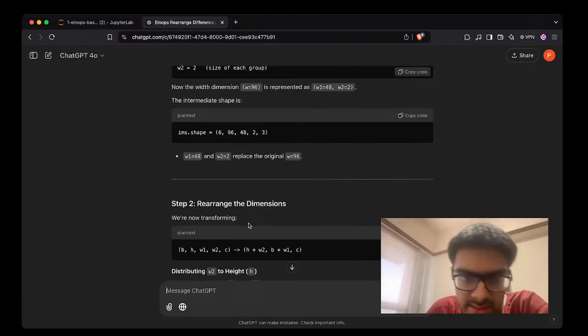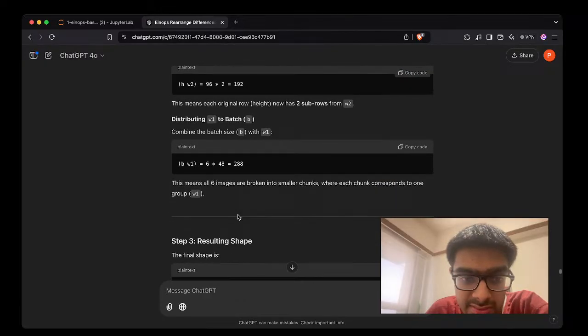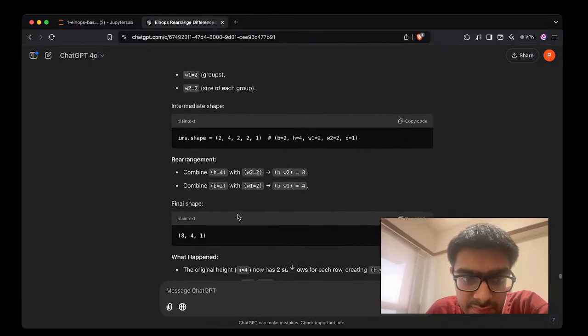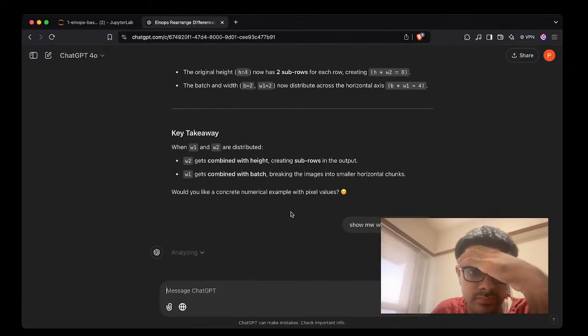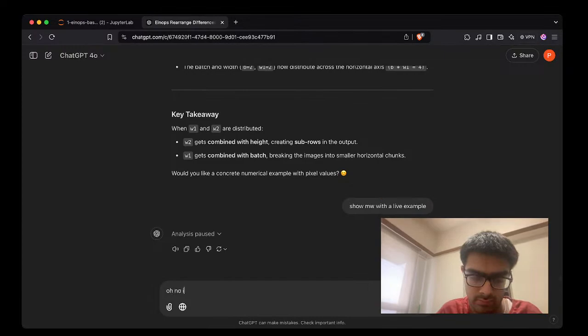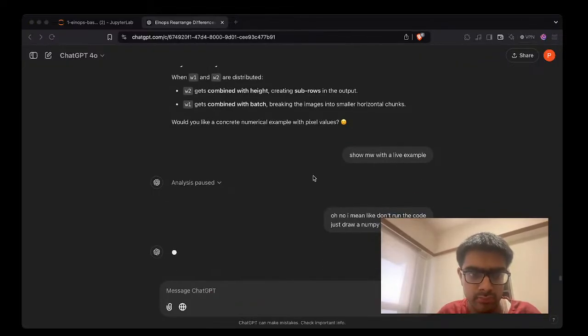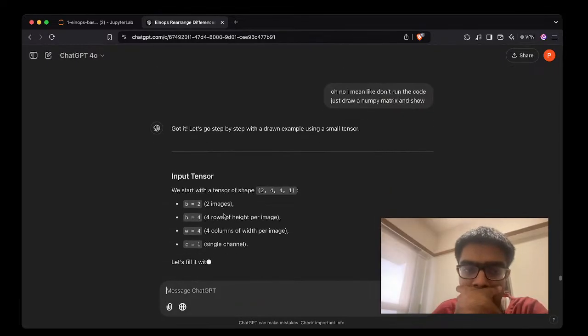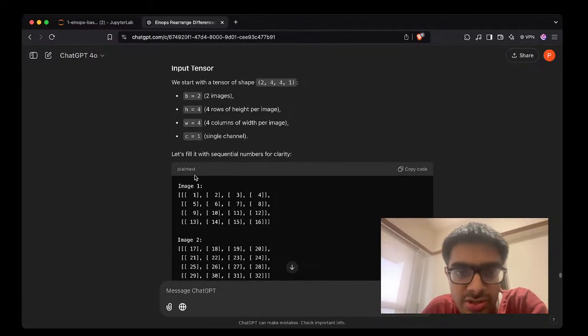Rearrange the dimensions: W2 to height H. Okay, this is our example. It's 2 by 4 by 4 by 1.